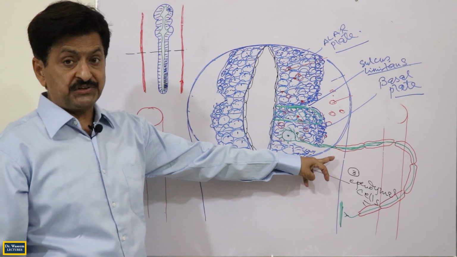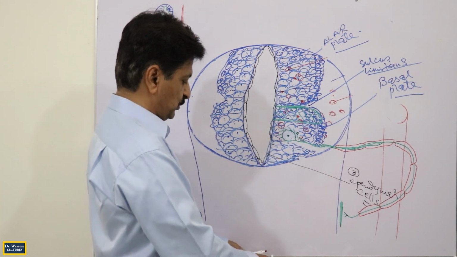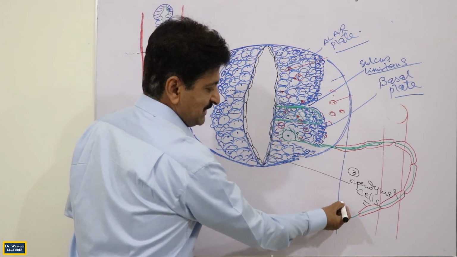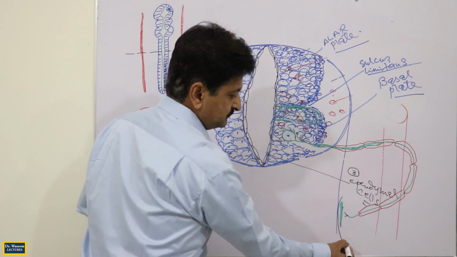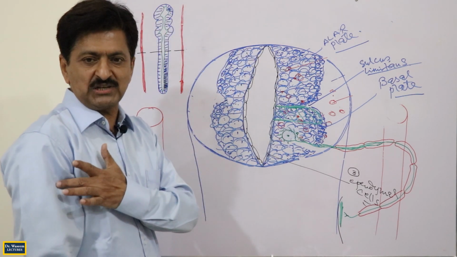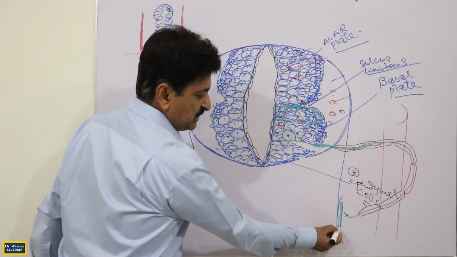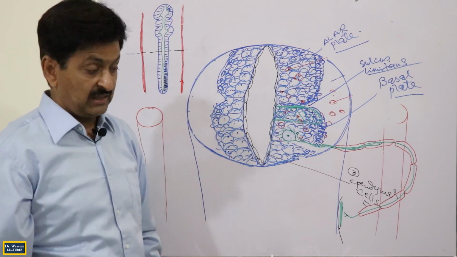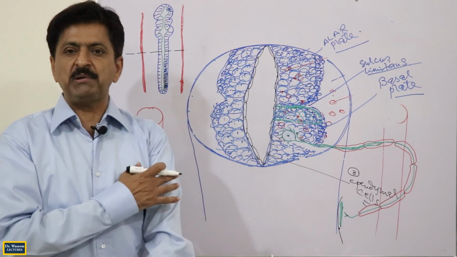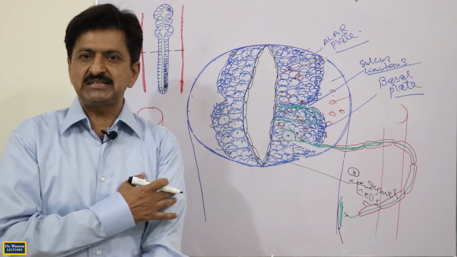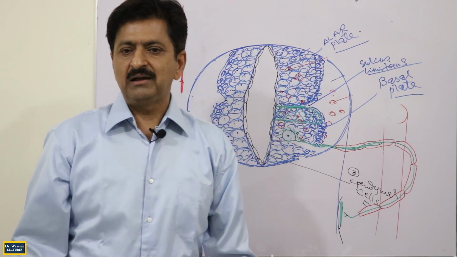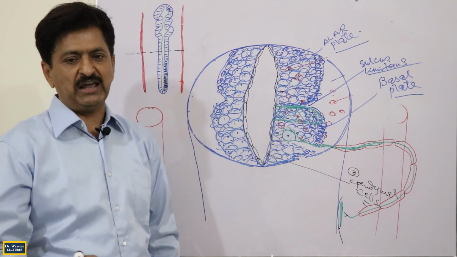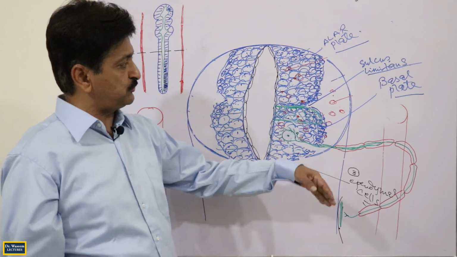But we do not have just motor activity, we have sensory activity also. If this is skeletal muscle on the surface, at the same time we have skin here, and when you apply a stimulus to the skin, there are specialized organs present in various layers of the skin, which you call sensory receptors. Once you apply a stimulus, these sensory receptors will transduce that stimulus into impulses, and these impulses will be transmitted from the periphery to the central nervous system.